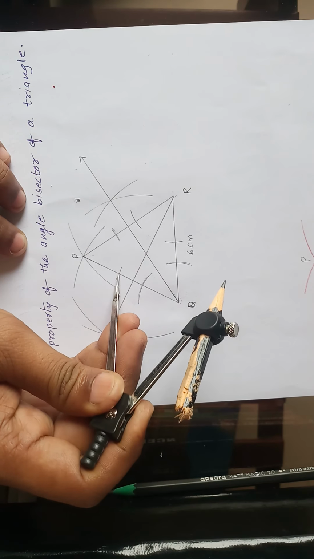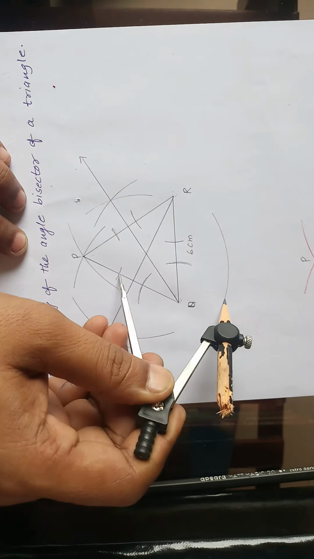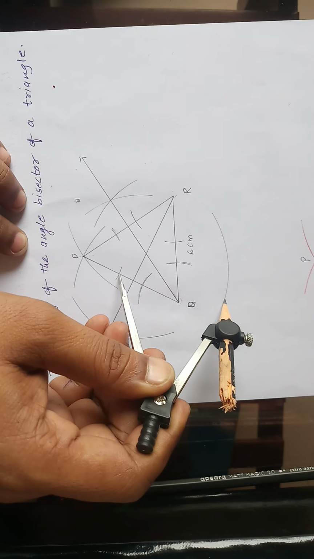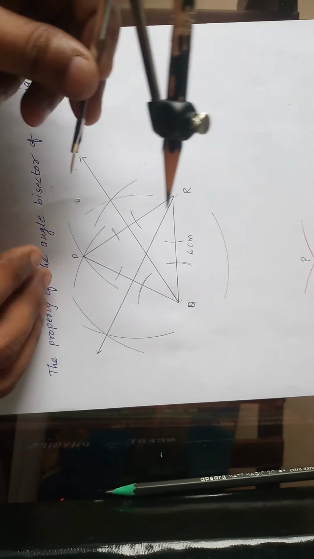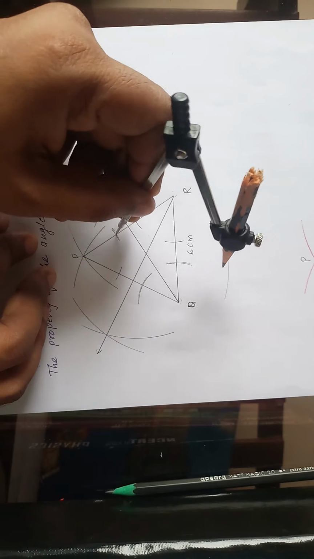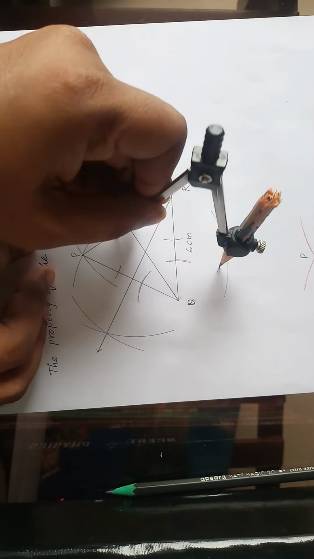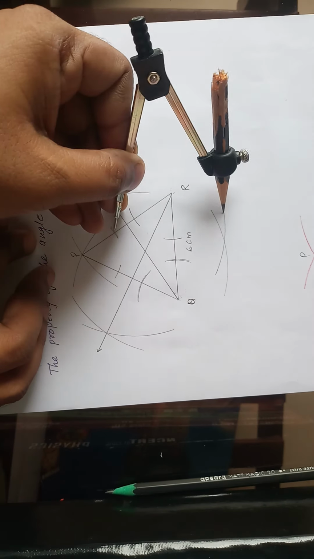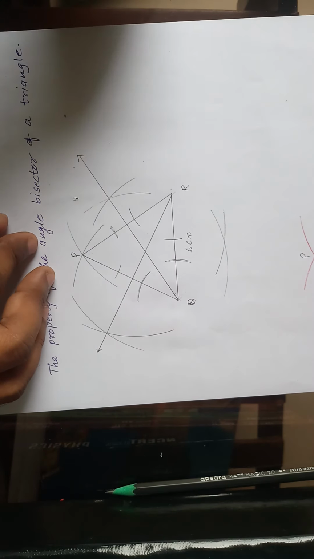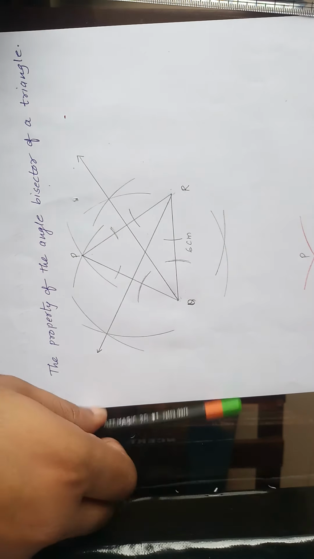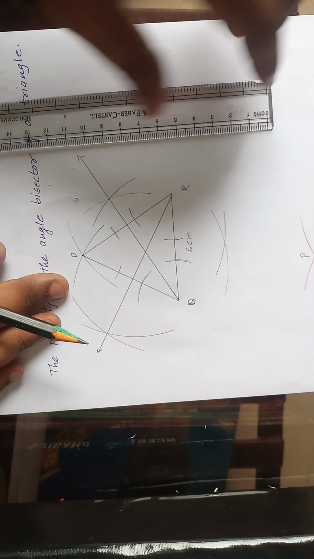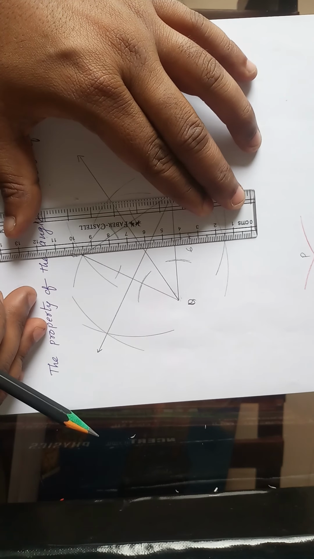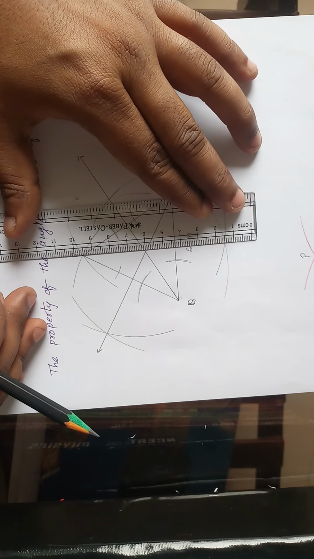After that you draw two arcs, one from here down and the other arc from this point, this way. These two arcs intersect at a point. Now connect this point with the vertex of the triangle.